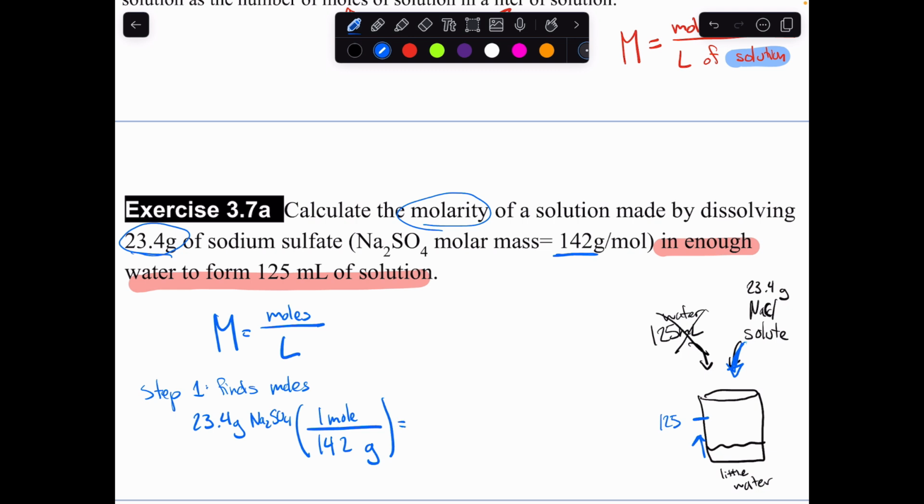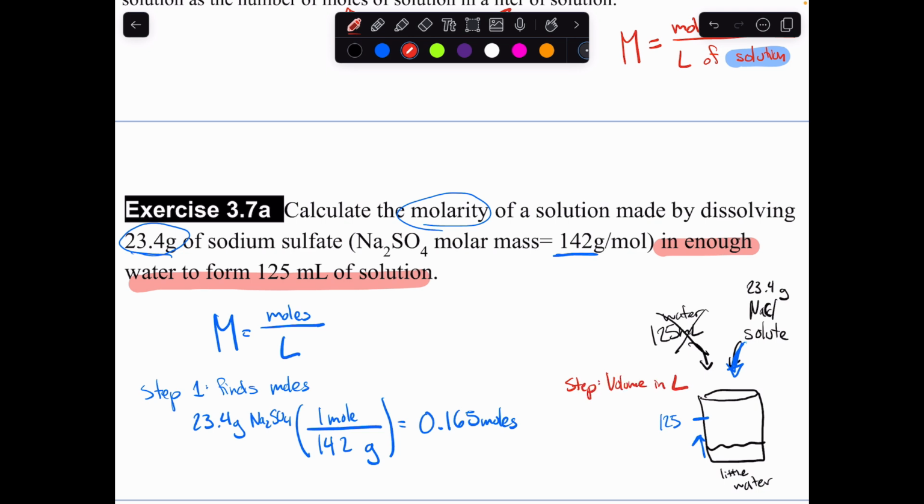Then we plug that into our calculator and take the 23.4 and divide it by our 142. So we get 0.165 moles.